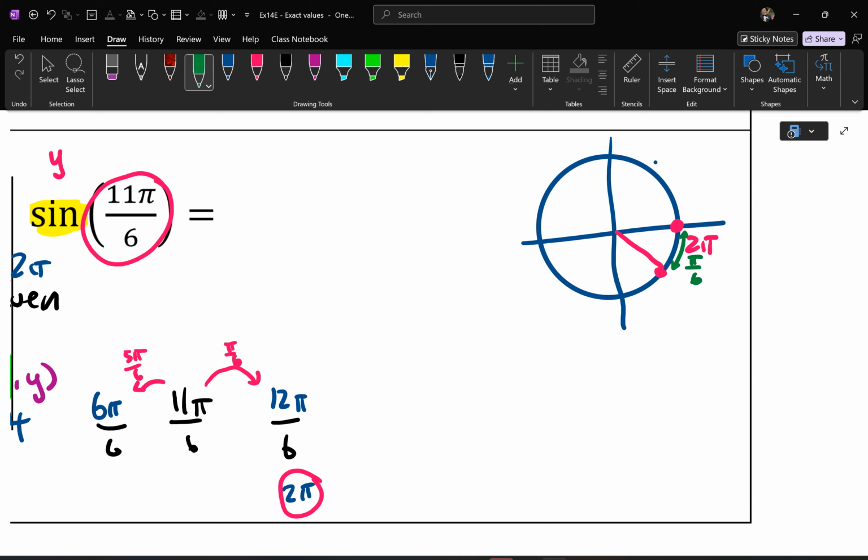From that position, symmetry properties is asking, or you can use ASTC, but I'm not teaching you ASTC. What's my y values? In quadrant 4, is it positive or negative? Negative. Sine, which represents y values in that quadrant, is negative. But if you look at that triangle, it's a right angle triangle.